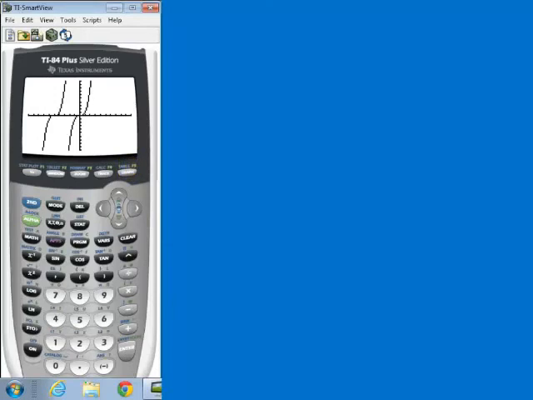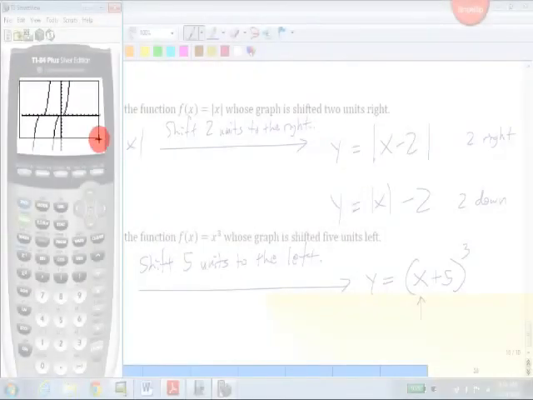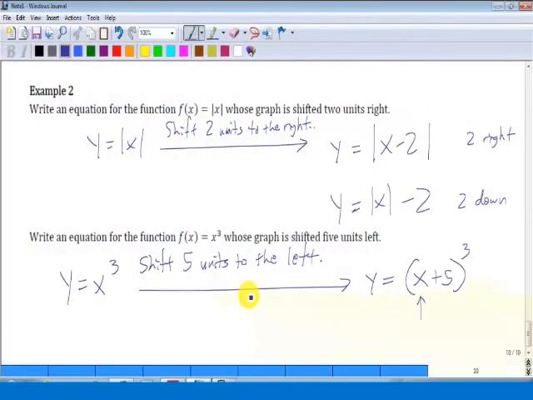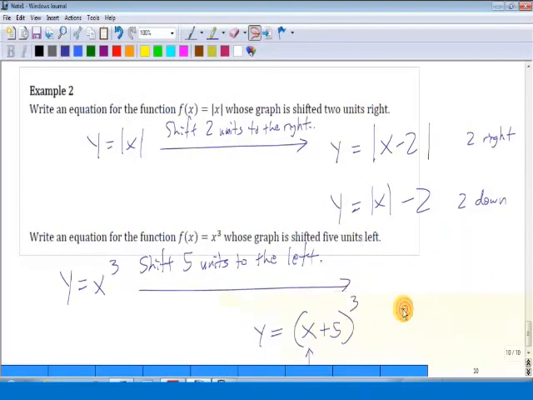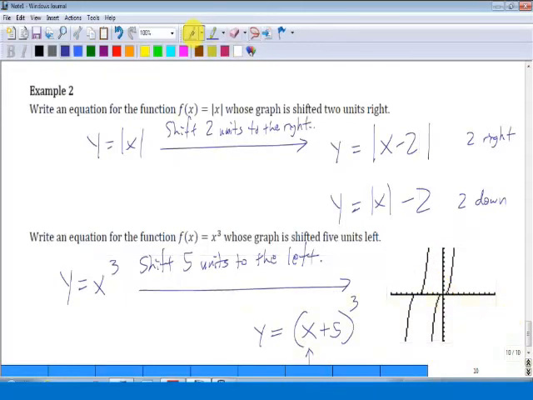Now consider a couple of key points on the graph. Where can I paste it? Key points on the graph. The original one, we could consider the point, well, let's go all the way up there just because it's easy. Well, no, that's too high.